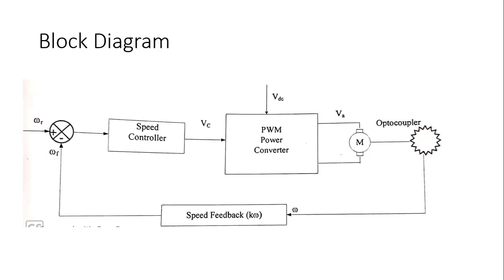Let us say I'm considering the speed in radian per second. With respect to this particular speed, I have a reference value, that is omega r, and I have a feedback value that is omega f. Taking the difference between the reference input and the feedback from the measured output side, we are going to get an error signal here.